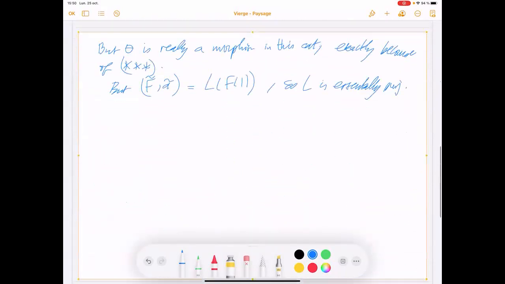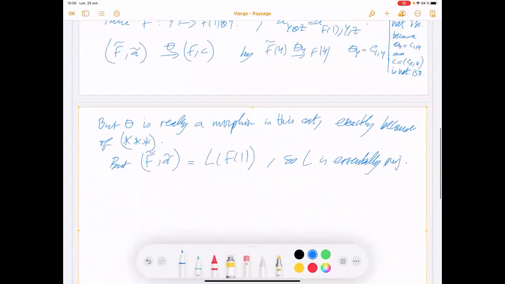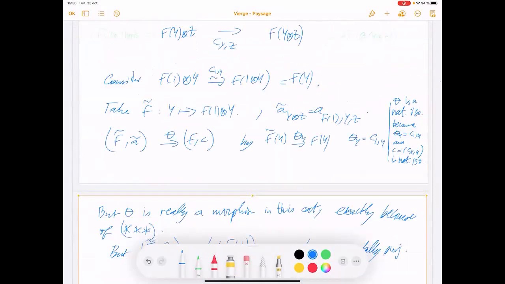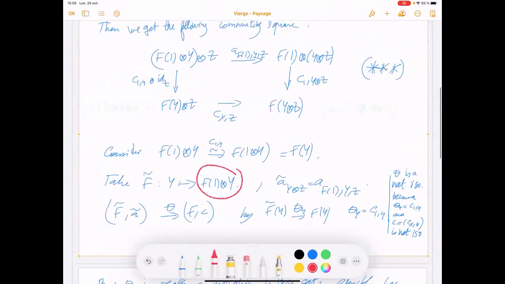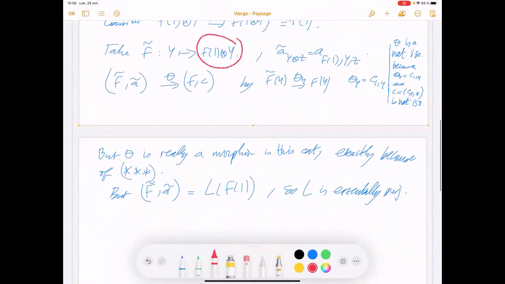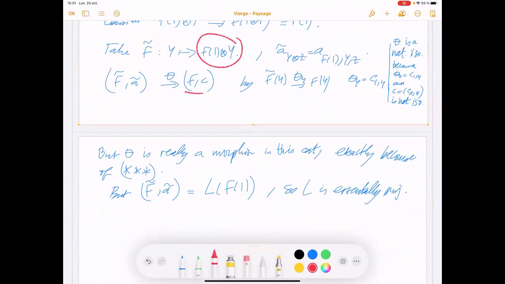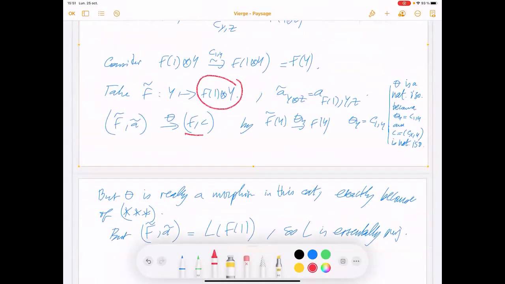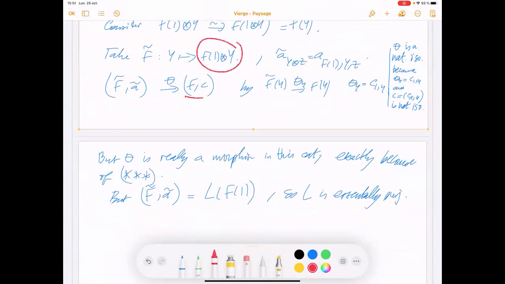L is a functor, tensoring on the left by f of 1.